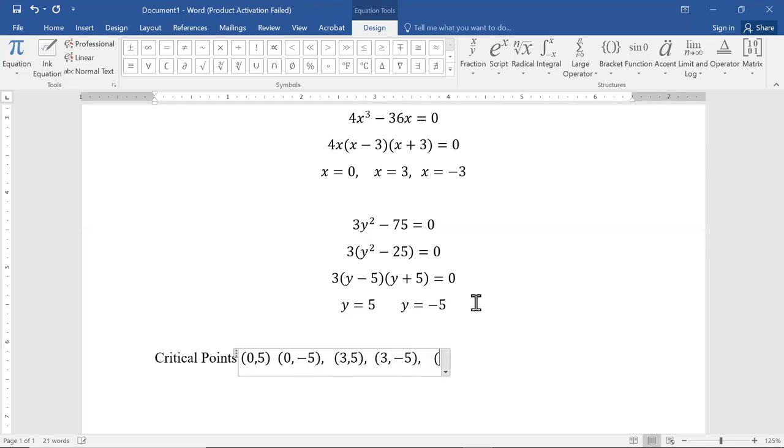There's going to be the point (-3, 5). And last, there's going to be the point (-3, -5). So we have 6 different critical points because each of the combinations of x values and y values worked in this case.